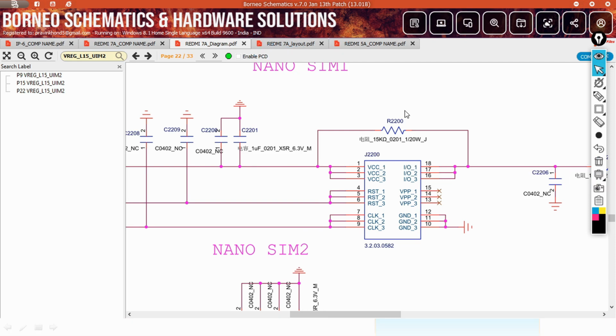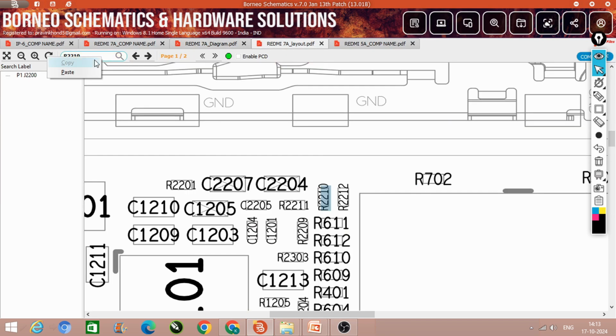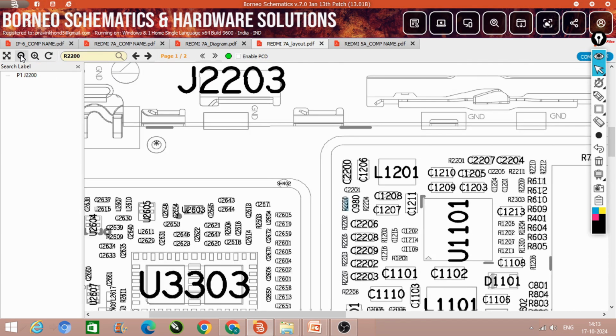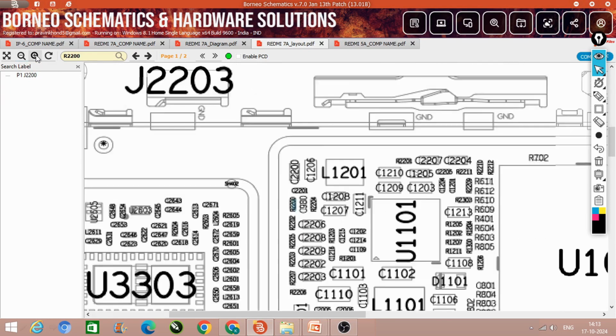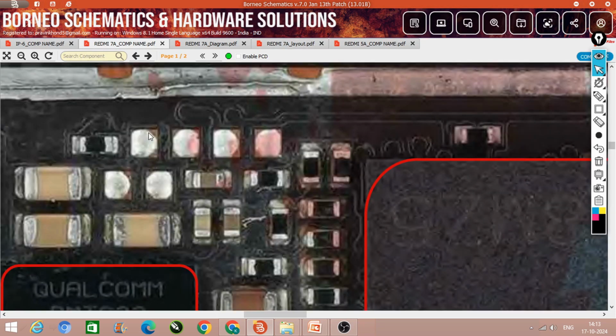Right? Now, where is the location of this? For this, just copy this and paste in the layout. Minus for confirmation. Right here. In a corner. Let's see, in a motherboard.